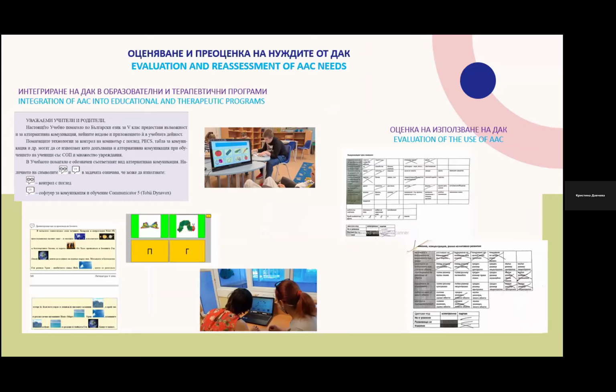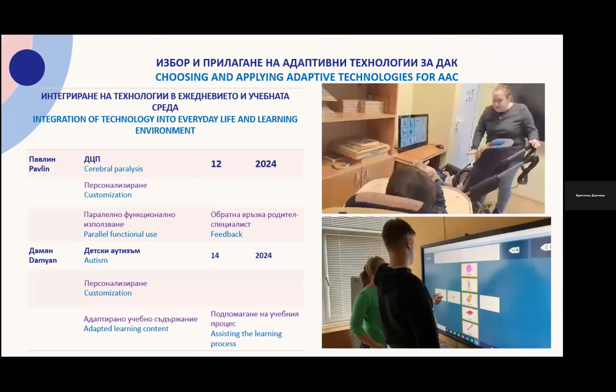Reassessment includes changing the level of the complexity of the exercises, adding modules, or adjusting the frequency and the duration of the training sessions in order to guarantee a more accessible and more sustainable acquisition of skills. Here you can see some of the tools that we use to assess the need for AAC application. And the integration of AAC and the learning environment significantly improve the life standard, well-being, and learning.